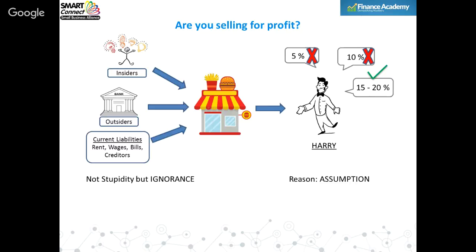Now, salaries, wages. Business is not borrowing physical money from the employees, but it is borrowing their skills and talents. Employees are trading their time and freedom to which the business will pay them salaries. Same thing with bills and creditors. Creditors can be suppliers, people who supply buns, people who supply food.